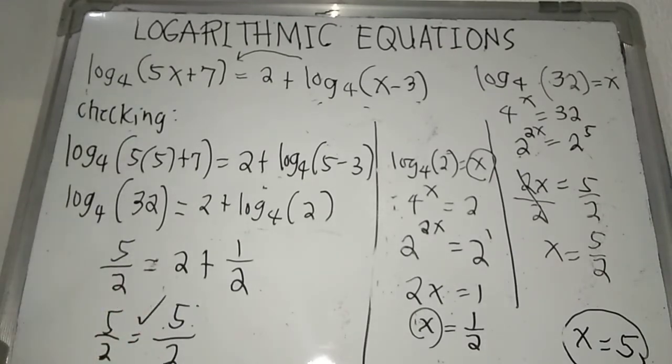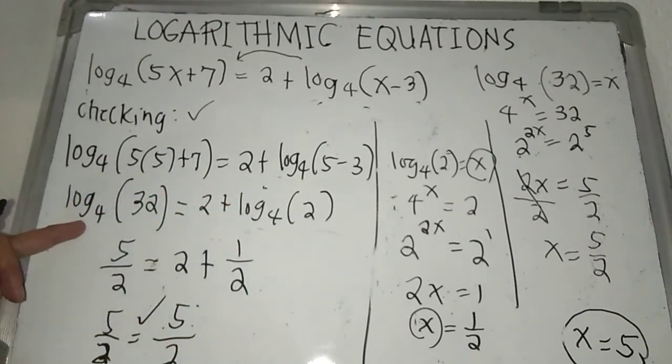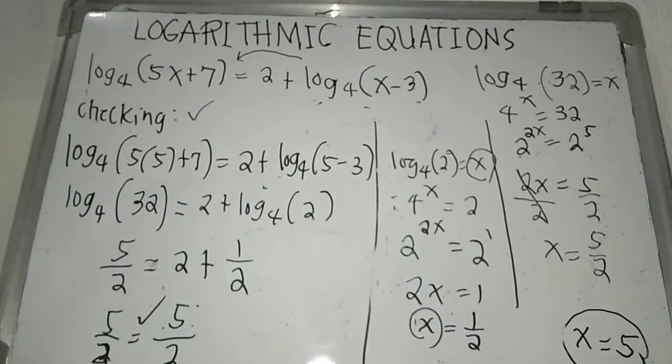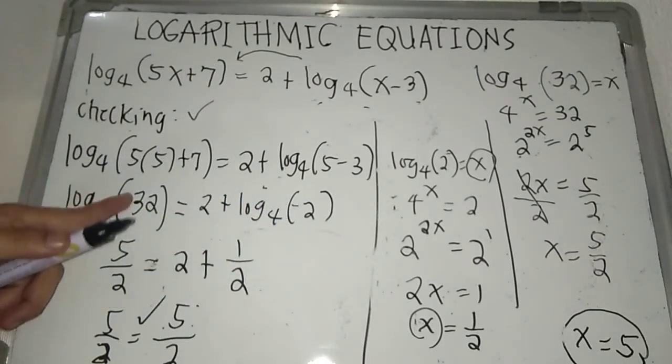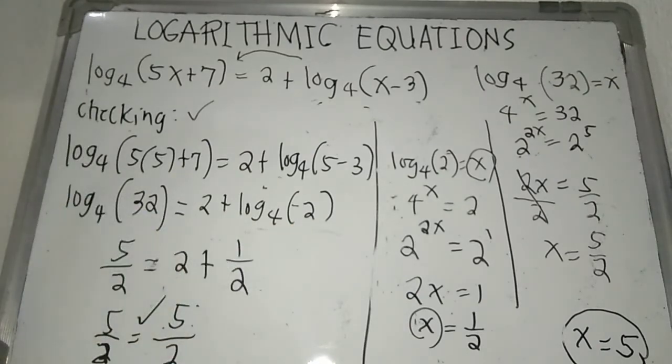Is 5 over 2 equal to 5 over 2? Yes. But the main goal of checking is that the number inside a logarithm must be positive in order to conclude that x equals 5 is really our solution. If we have a negative value inside either of the two log expressions, we call that an extraneous solution.